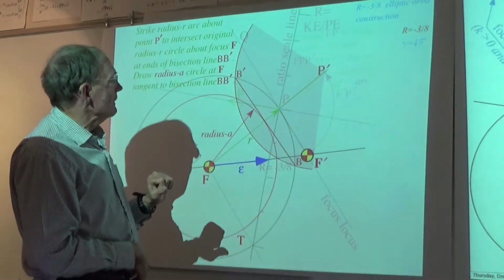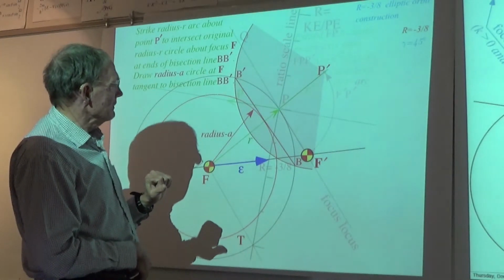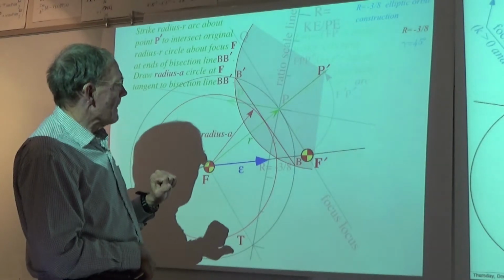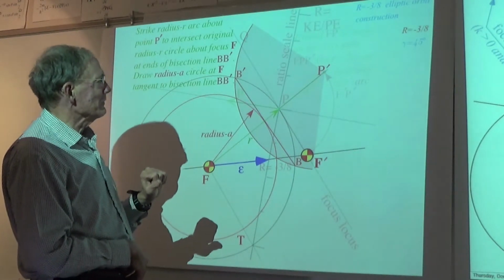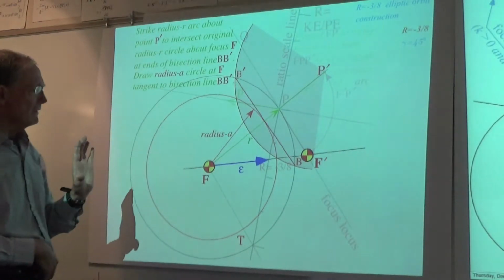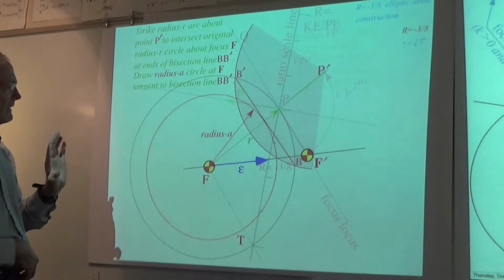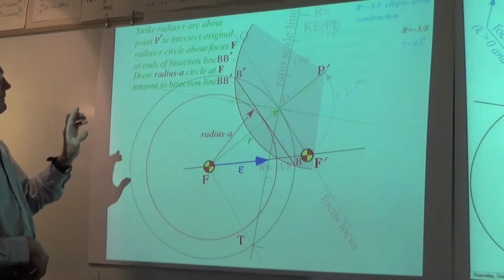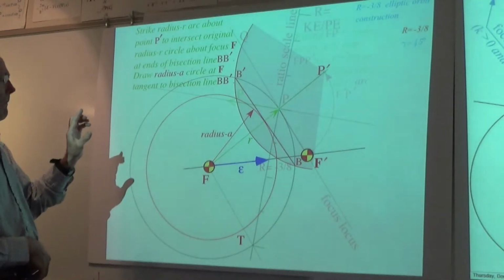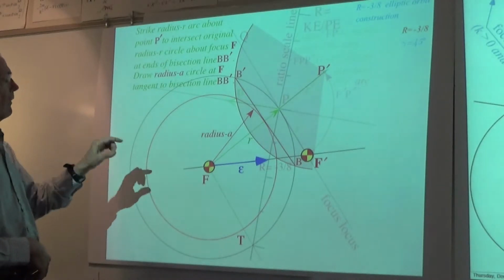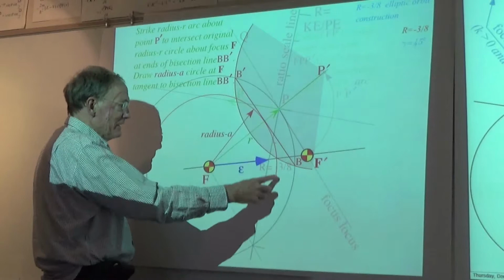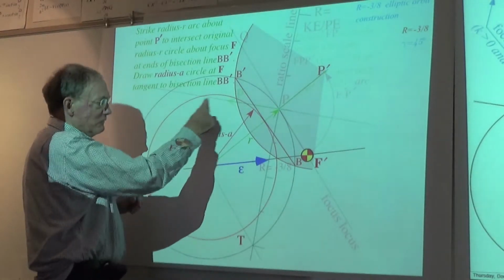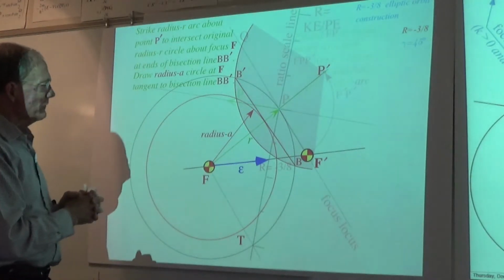So I strike an arc, and I've got to figure out what it was. I'm embarrassed now because I can't remember exactly how I set that arc. About the focus, let's see. Oh, okay. I obtained the radius A first here.